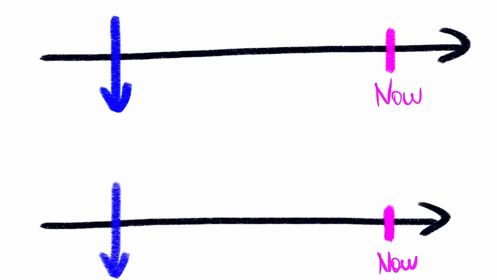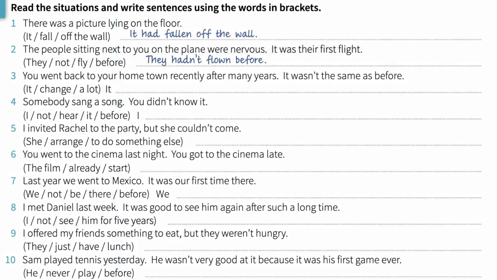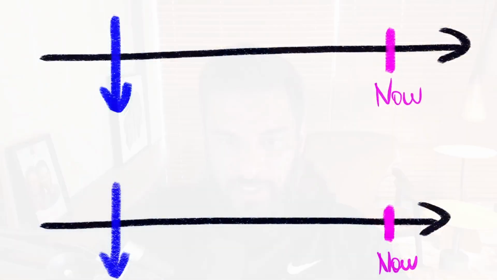Let's check the next example. Number 2, the people sitting next to you on the plane were nervous. They were nervous.